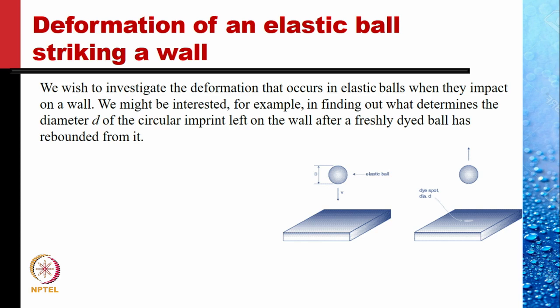So this ball is traveling towards the wall with the velocity v, elastic ball of diameter capital D. And after hitting the wall and rebounding, it leaves a dye spot of diameter lowercase d as shown on the right.